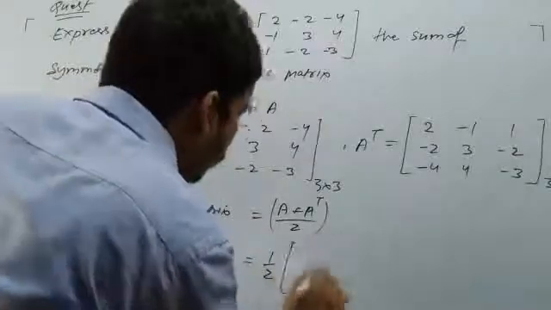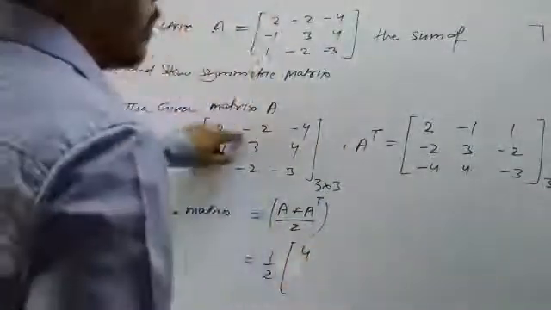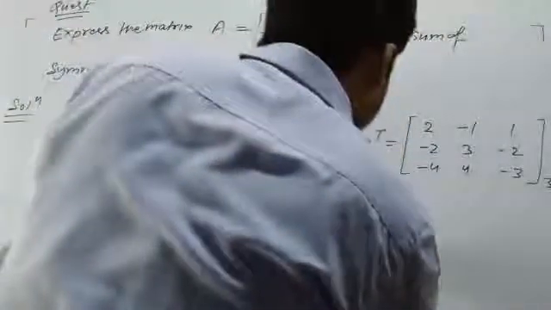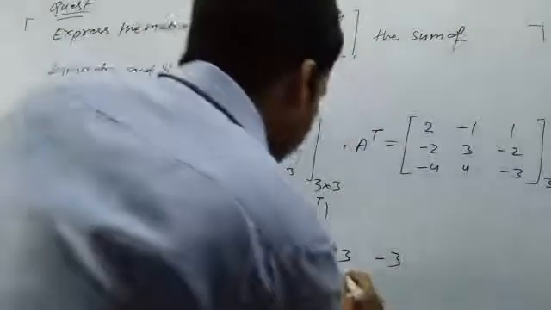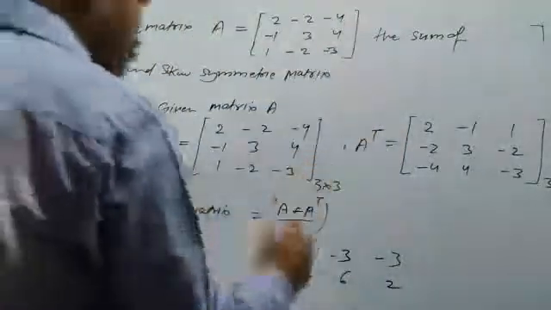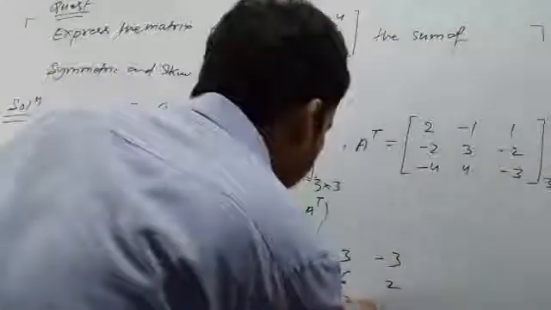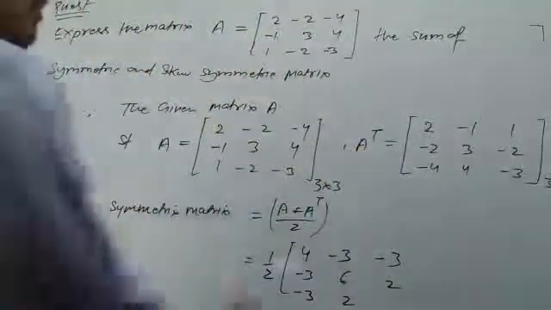1 by 2 of A plus AT, that is 4, minus 2 minus 1 which is minus 3, minus 4 plus 1 which is minus 3, and minus 1 minus 2 which is minus 3, 3 plus 3 is 6, 4 minus 2 is 2, and 1 minus 4, minus 3, minus 2 plus 4 is 2, and minus 3 minus 3 is minus 6.